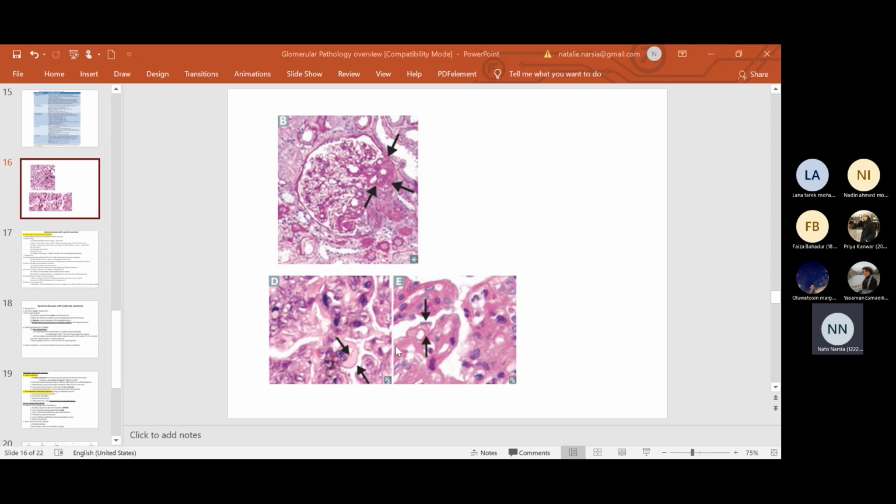You should find it in patients with HIV, heroin addicted people, and sickle cell disease. Do you remember, in sickle cell disease, this complication was mentioned. Sickle cell disease patients can have focal segmental glomerulosclerosis. Now, HIV, sickle cell, and heroin, you need to pay attention.